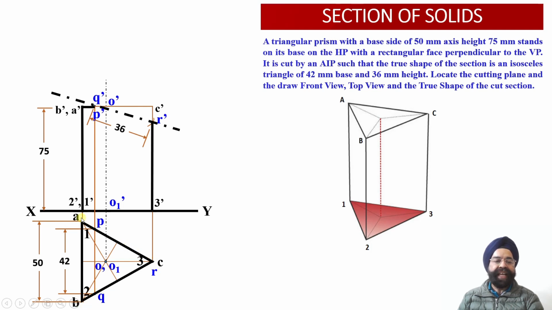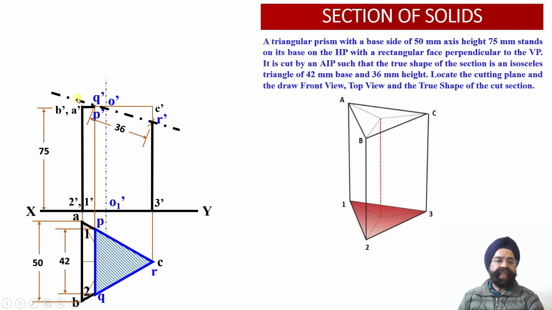Out of this total triangular portion, if we draw the vertical projectors through P' and Q', 2 points of intersection we have located over here in the top view projection. If we join this portion, P', Q' and R', it is the section portion corresponding to this triangular prism which is visible to the observer from the front view projections.